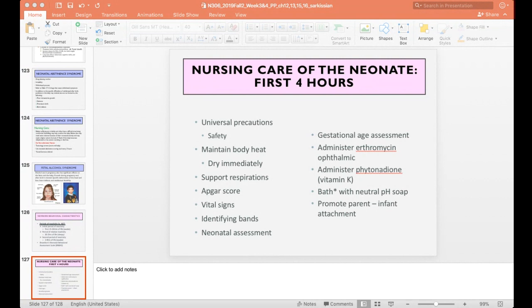It's broken down by area, so just read through each box and kind of understand why we're doing what we're doing, okay? What normal findings are, so then if something's abnormal, you'll know, okay? So yeah, look through that, know how to do an assessment, and what your normal findings are, okay?